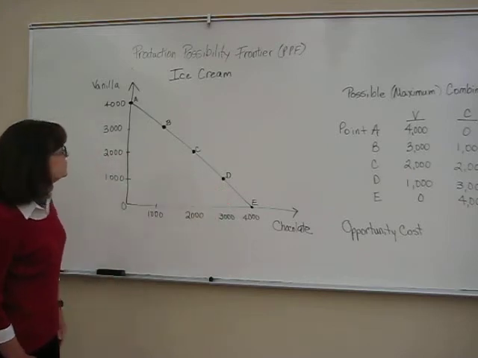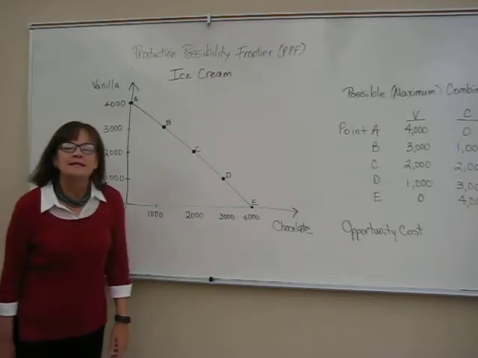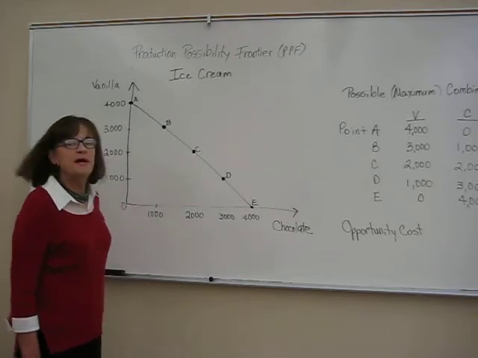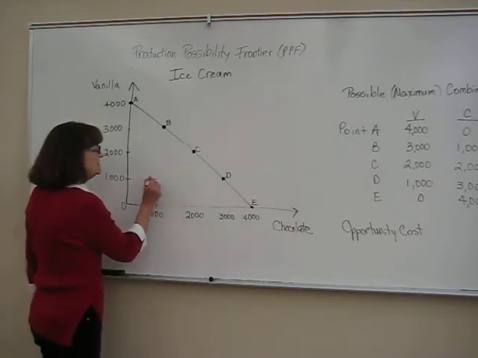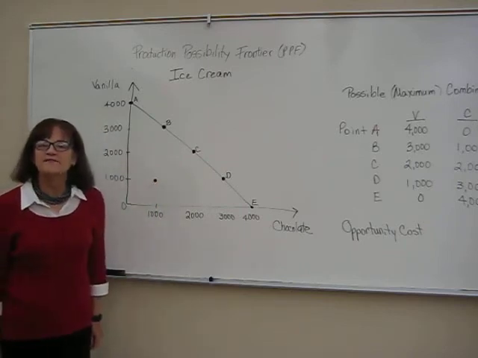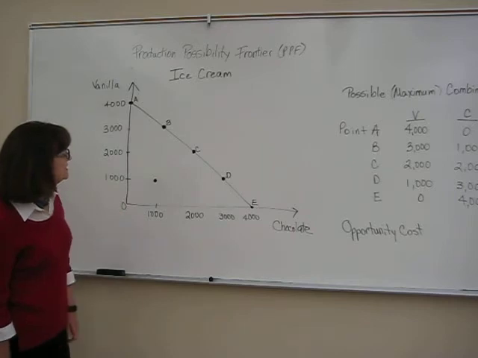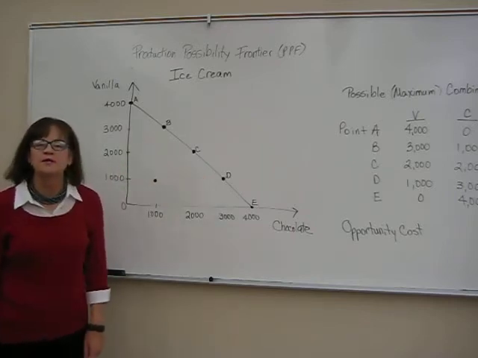Now, what happens if the ice cream factory decides to produce less? Is it possible? Absolutely. They can choose to produce 1,000 gallons of chocolate and 1,000 gallons of vanilla, and that would be this point in here, in the interior of the production possibility frontier.